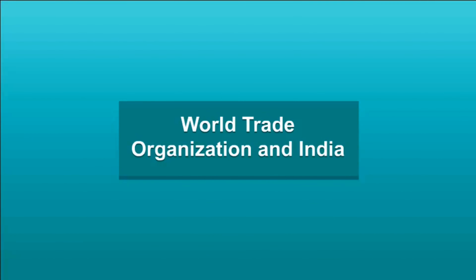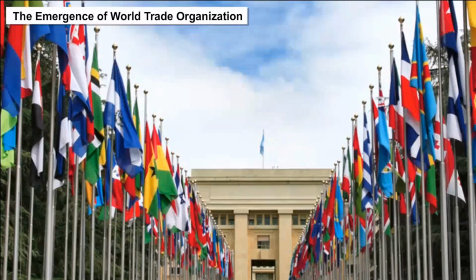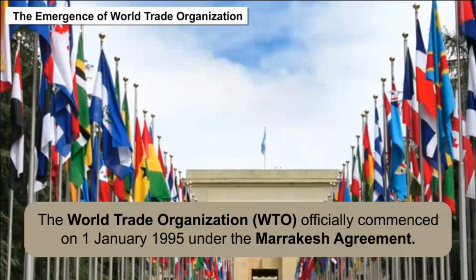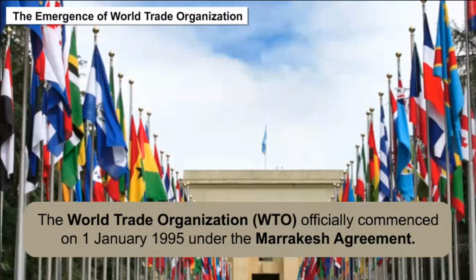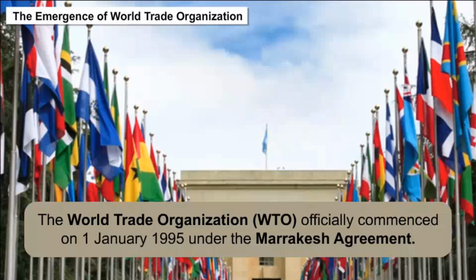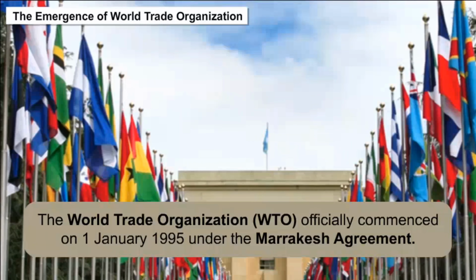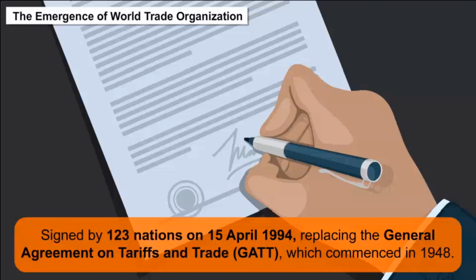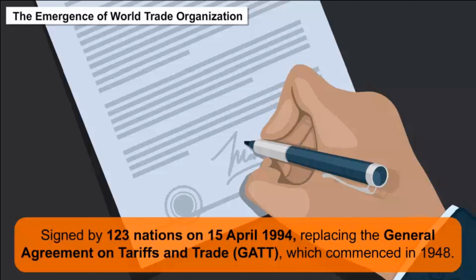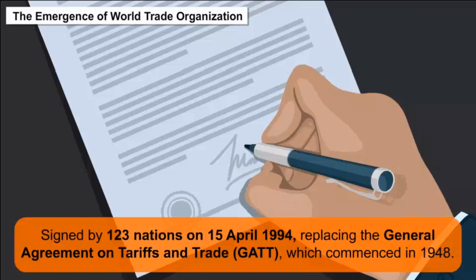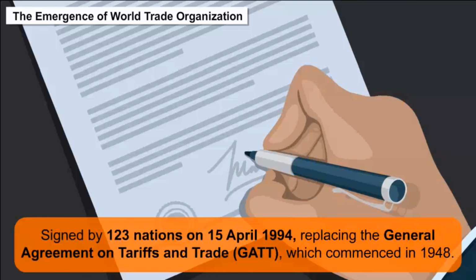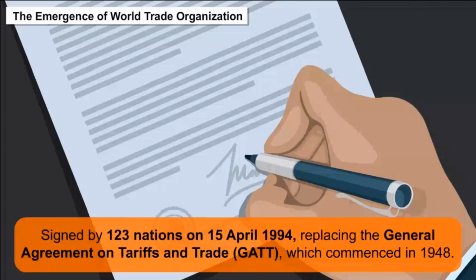World Trade Organization and India. The emergence of the World Trade Organization. The World Trade Organization or WTO officially commenced on 1st January 1995 under the Marrakesh Agreement signed by 123 nations on 15th April 1994, replacing the General Agreement on Tariffs and Trade, that is GATT, which commenced in 1948.